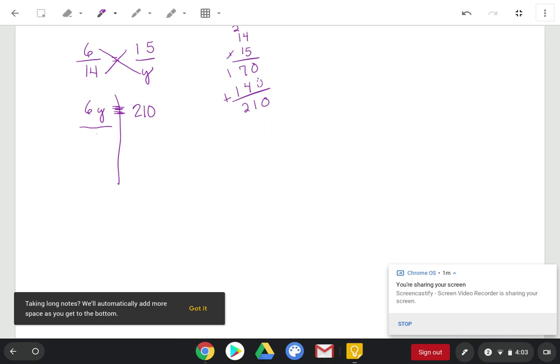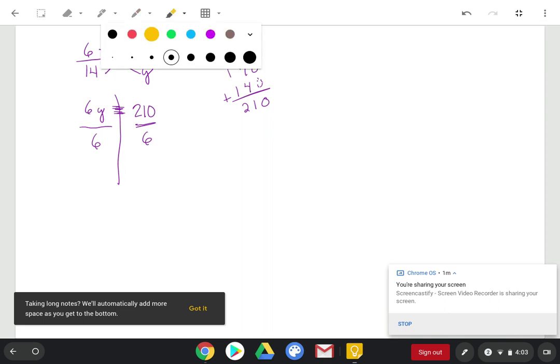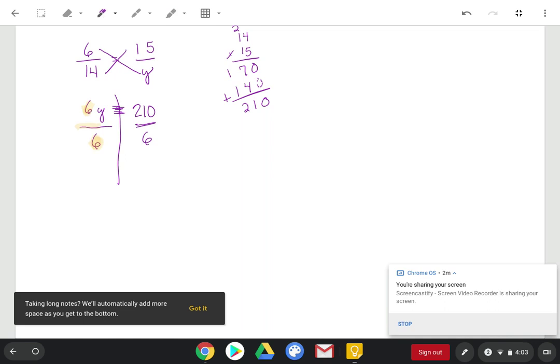So I'm going to divide this side by 6. But when we have an equation, what we do on one side, we must do to the other. So I must divide that 210 by 6. And then we have 6 divided by 6. That gives us 1. So we have 1y, and we just write y.